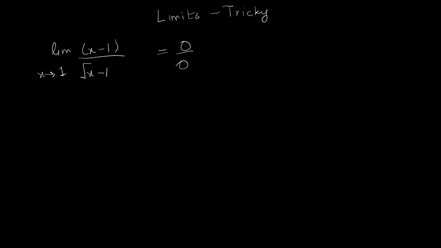Again, substitution gives 0 over 0, but instead of rationalizing the numerator, we rationalize the denominator this time. It is because the square root is in the denominator. So multiply and divide by the conjugate of the denominator, which means change the sign in the middle and get the expression.